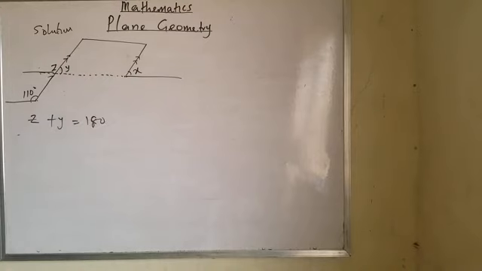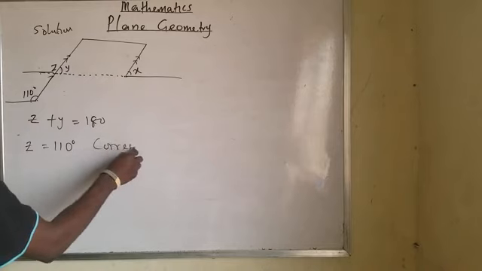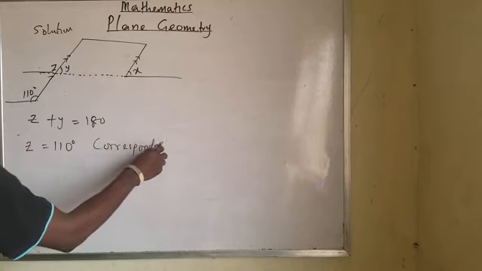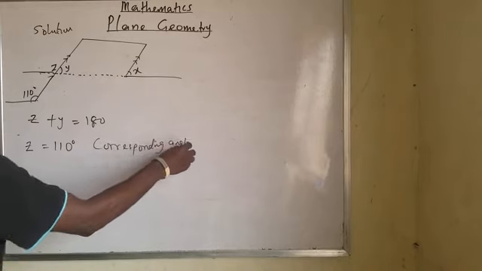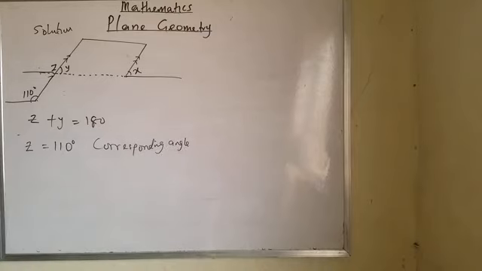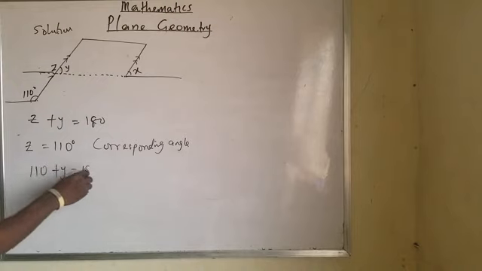Since I have that, I can say that my Z is also the same as 110 degrees, which is corresponding angle. Since they are corresponding to each other, 110 plus Y equals 180.